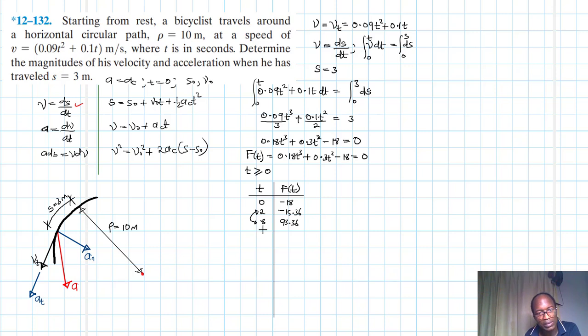So 2 plus 8, 10 divided by 2, 5. Let's plug in a 5. We have 5, so we get a 12. Again, there we go, between 2 and 5.